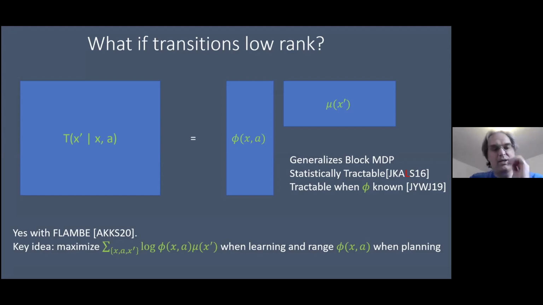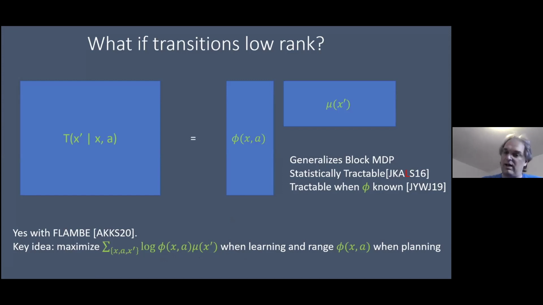So there's this Flambe algorithm, which is on arXiv now. And it's solving a different kind of prediction problem. Essentially, you're maximizing the log likelihood of this dot product when you're trying to learn the representation. Again, phi and mu here can be very complex.